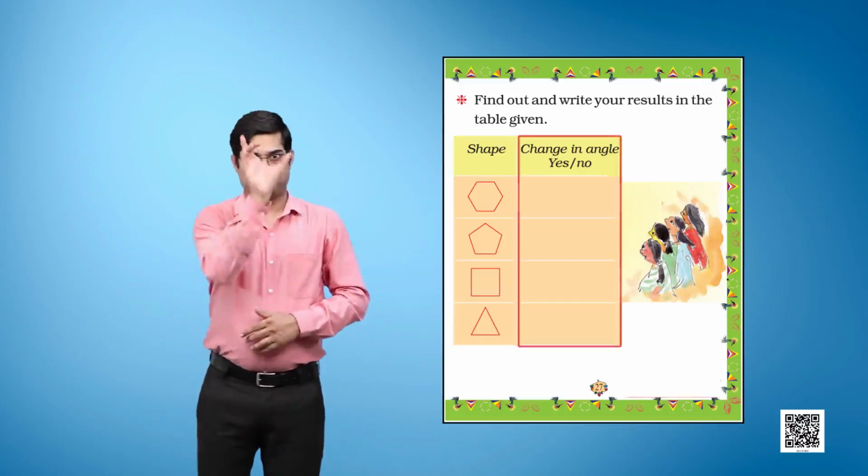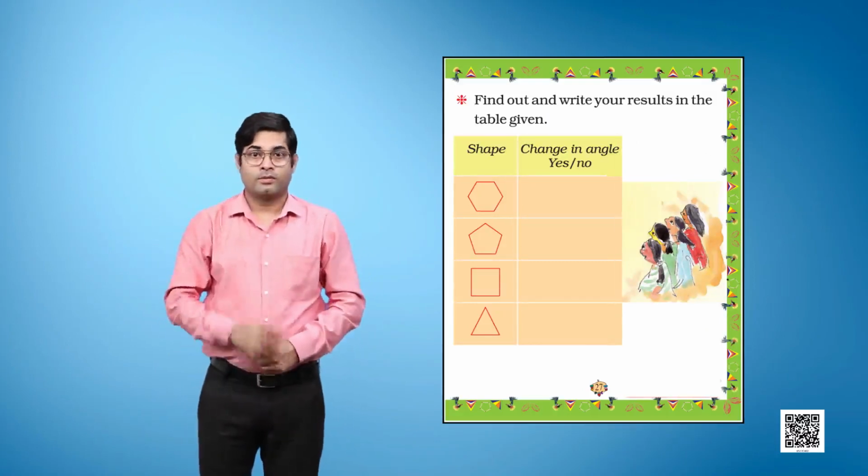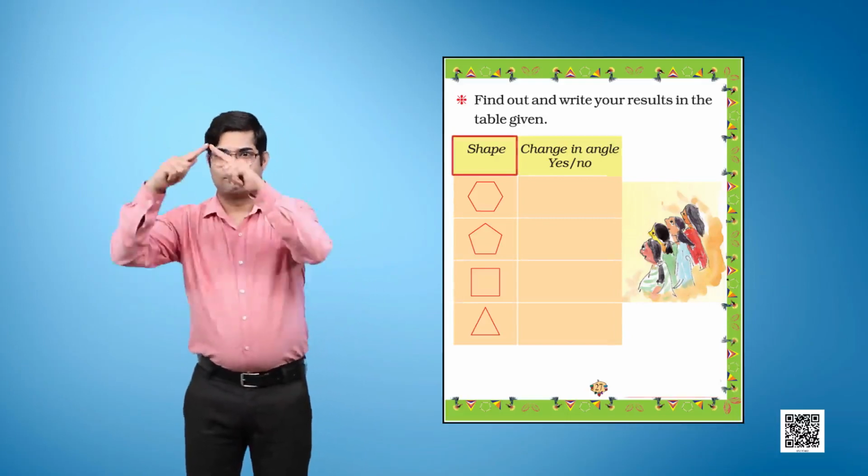2 columns are there in this table. Column 1 heading is Shape.